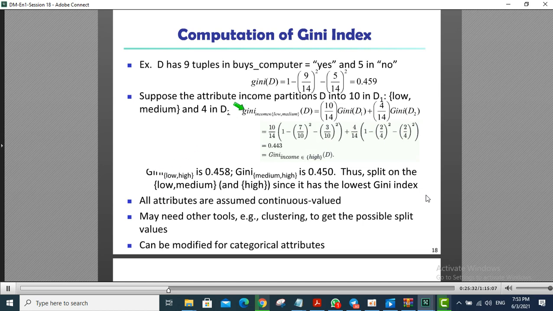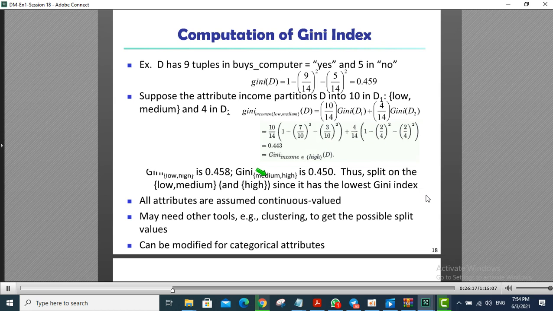Here, we calculate all those approaches. If I choose income according to the splitting point between low and medium, it means that I'm dividing the income attribute into low and medium. Or dividing income into low and high, or dividing income into medium and high.